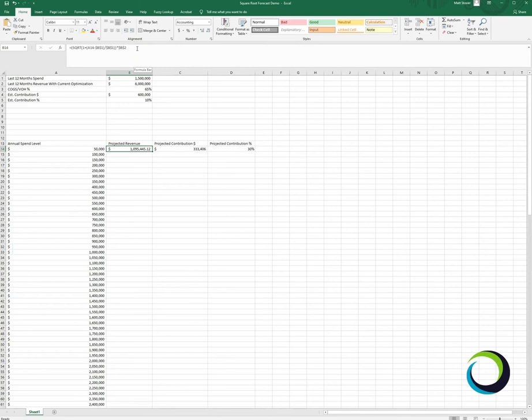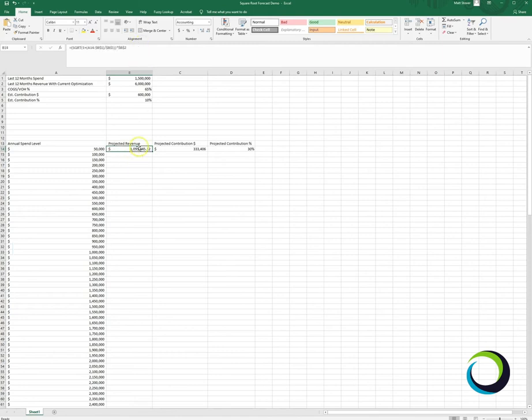If you're trying to forecast increasing your spend level 10x, there will probably be some diminishing accuracy in this process when you get into much more significant changes like that. But I think for most people, this will be pretty useful.